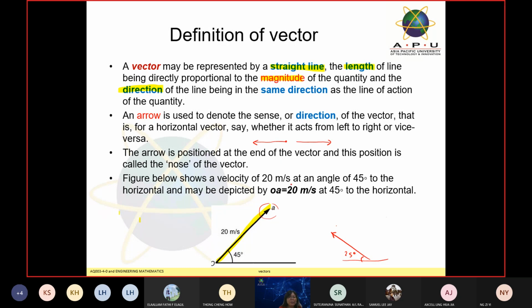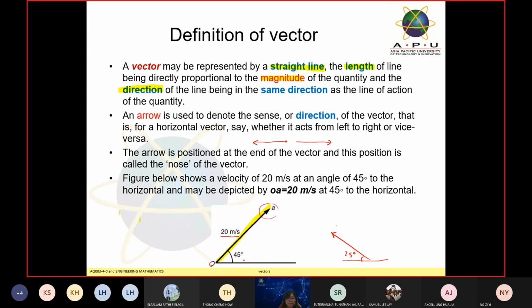Now there's a sample vector given in the figure at the bottom. For example, this is representing velocity: a velocity of 20 meters per second at an angle of 45 degrees to the horizontal.